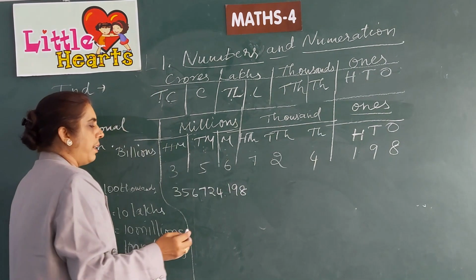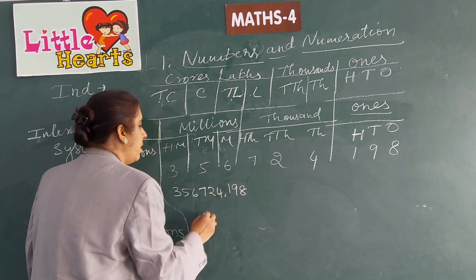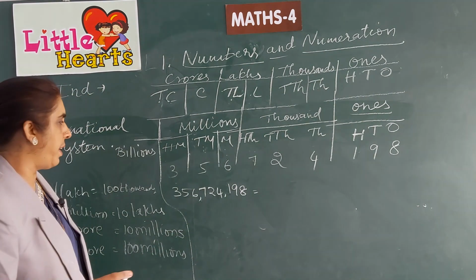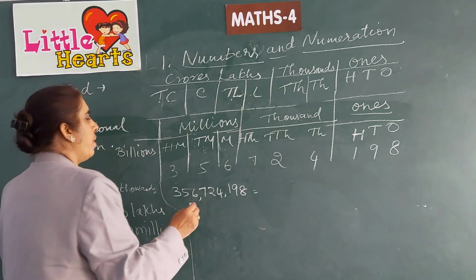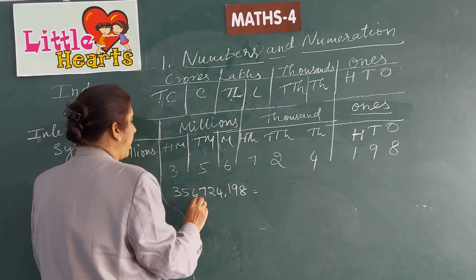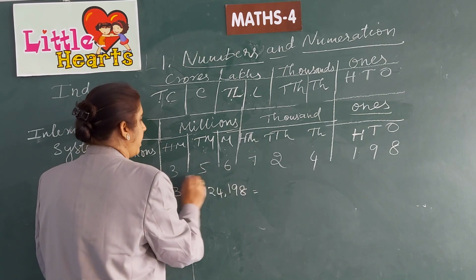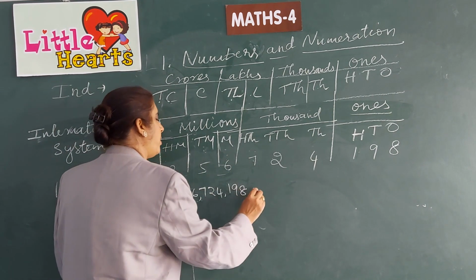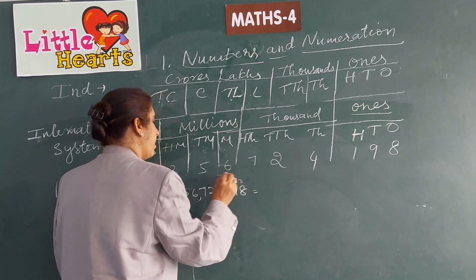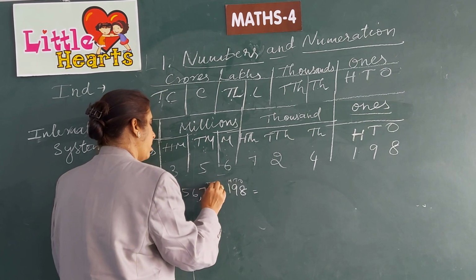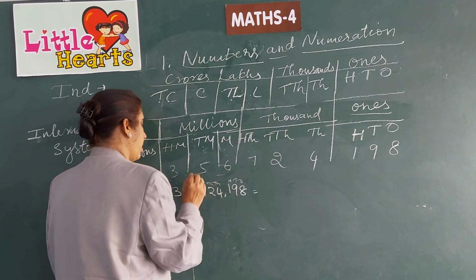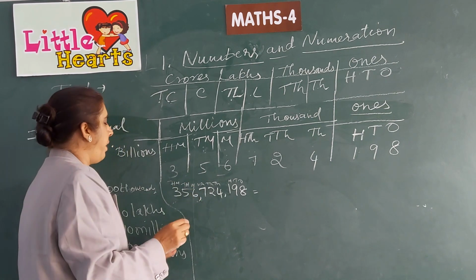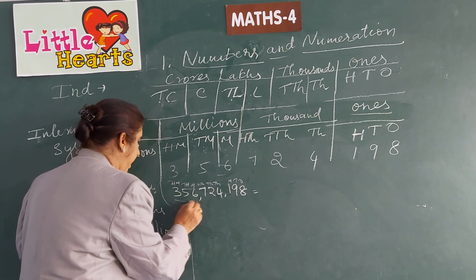So, the first thing is to insert a comma after every 3 digits, because in the international system every period has 3 digits. Now, according to the place value chart, 356 is in the millions period. So, 356 millions. Just read the digits together in each period and write.